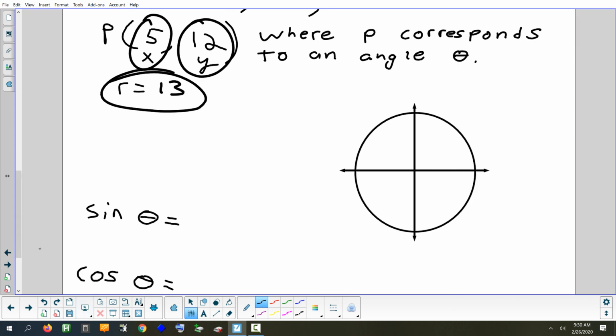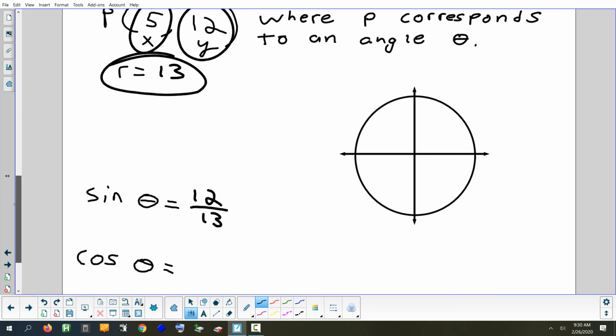What would be my sine in this one? Yeah. Right. It would normally just be 12, but that's on a circle that's 13 times bigger than it should be. We have to divide it by R, and that scales it back down to the unit circle.